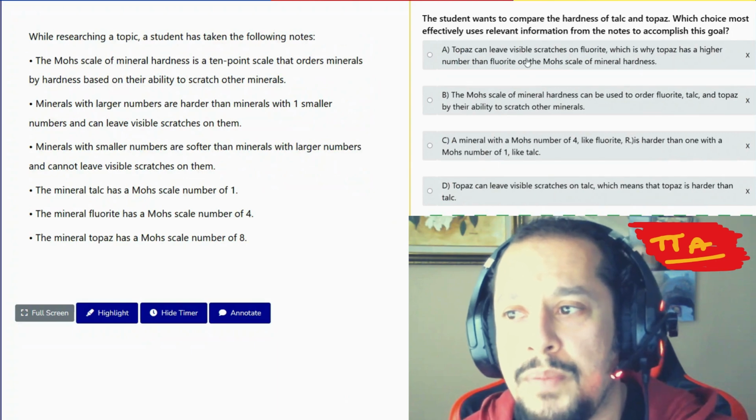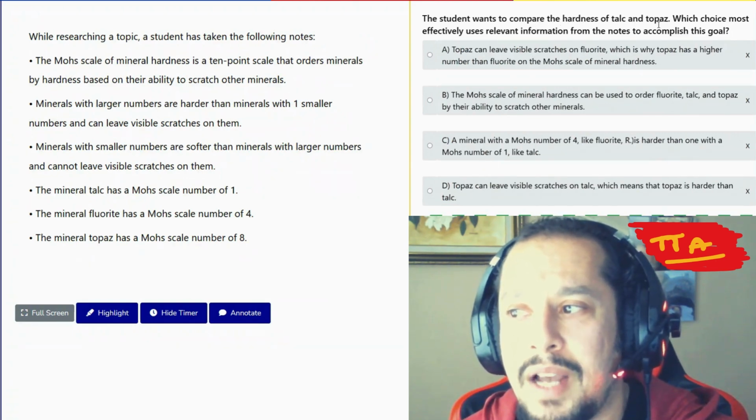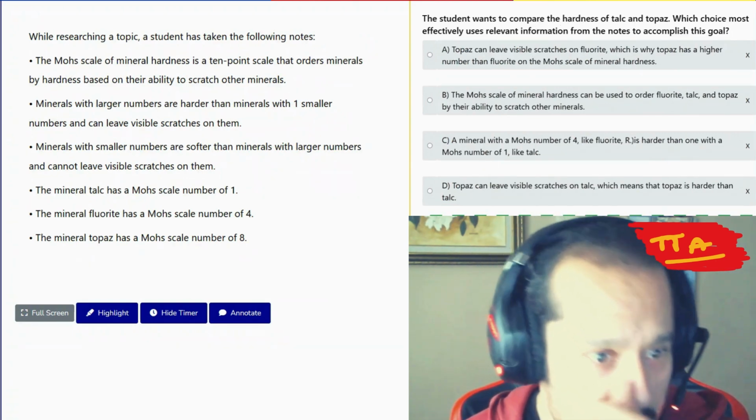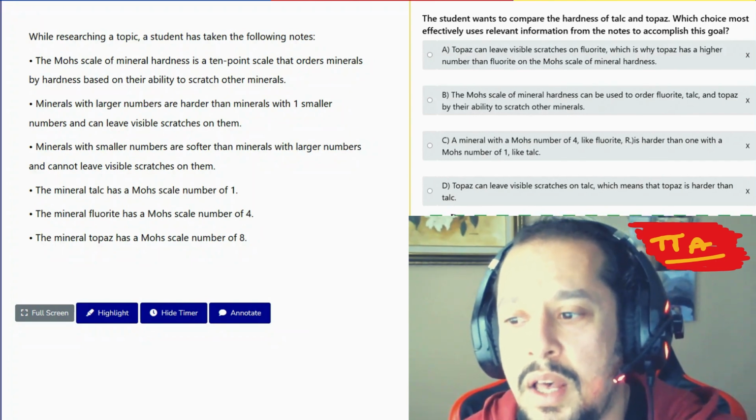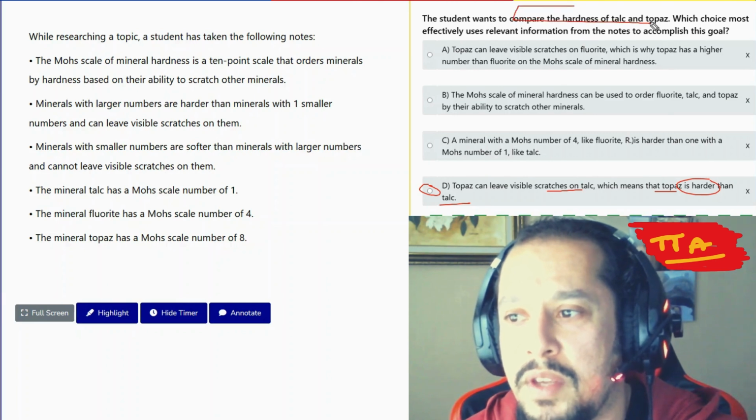The next one here, too, you want to compare the hardness of talc and topaz. I guess that's how you say it, talc and topaz. So you want to compare the hardness. And so answer D does that. Topaz leaves visible scratches on talc, which means that topaz is harder than talc. And so here, we're comparing the hardness.